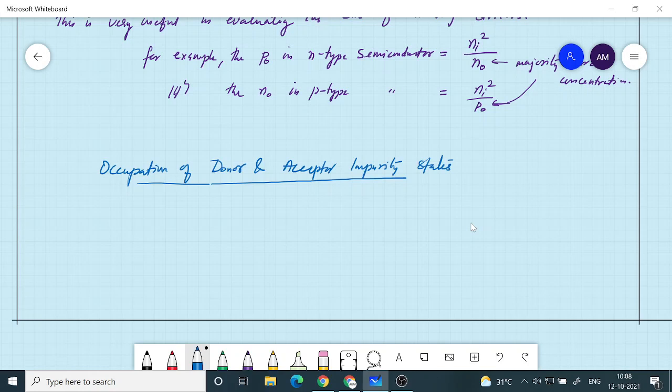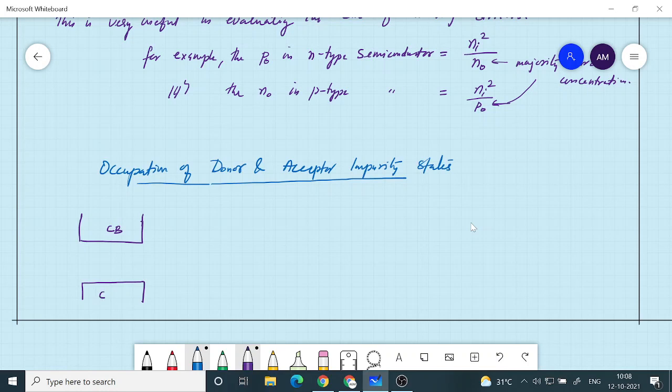Whereas the occupation of the donor and the acceptor impurity states, if you really look at the energy band diagram that I drew yesterday, we have the conduction band and the valence band.